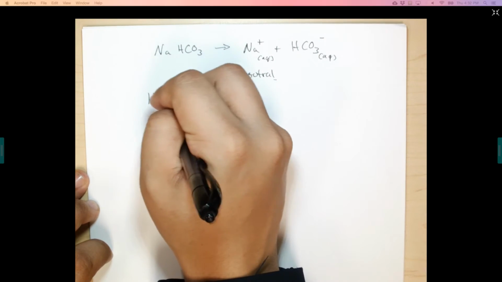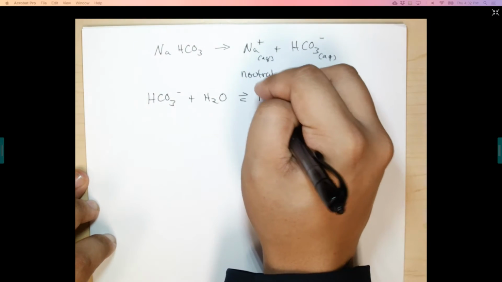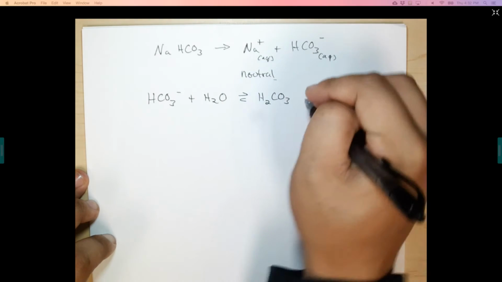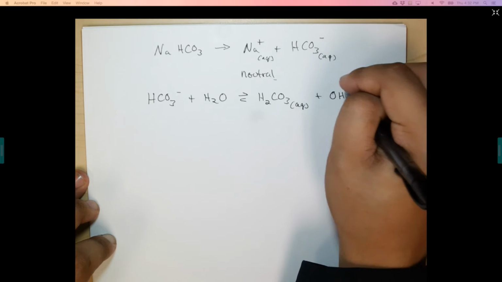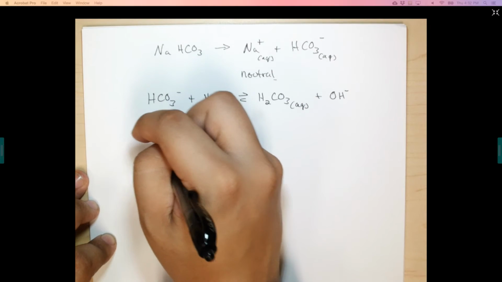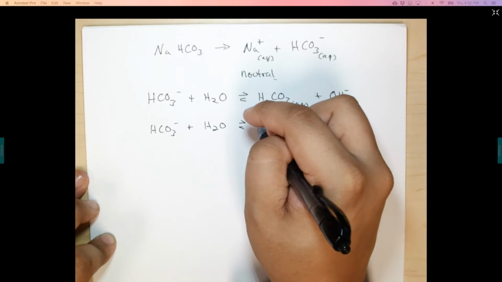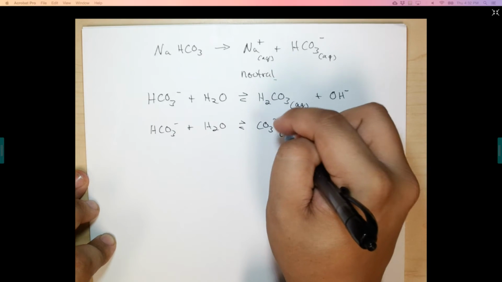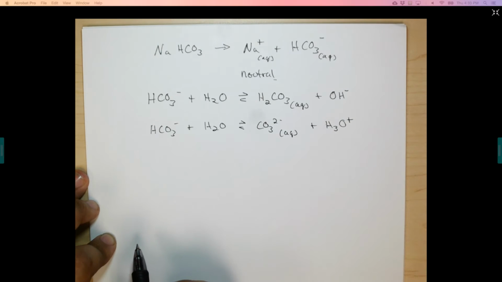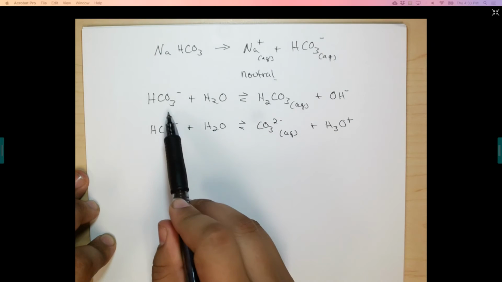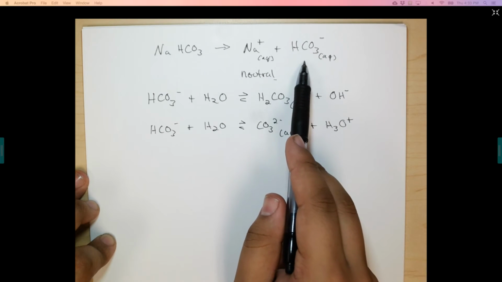So bicarb can interact with water to create carbonic acid and hydroxide, or it can interact with water to create carbonate and hydronium.